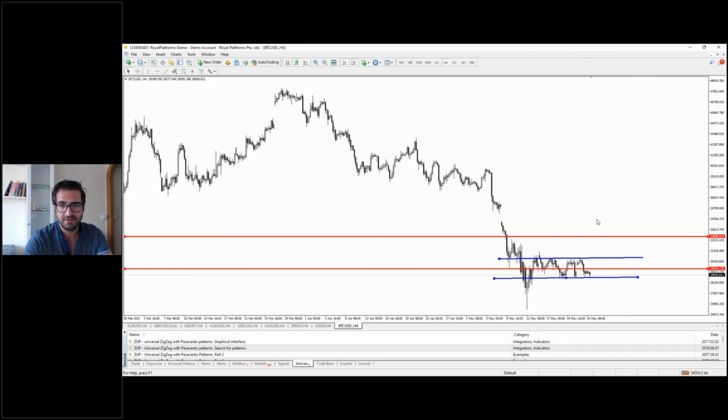There is no positive momentum, so I don't see any movement to the upside anytime soon. Maybe we will see some movement inside the range in the coming days. Until we see a breakout above these swing highs, maybe we can see Bitcoin making a kind of rebound till 30,800. So this is it from my side.